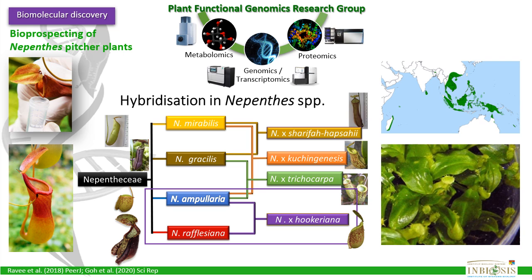Then, for biomolecular discovery, I work on the bioprospecting of Nepenthes pitcher plant for commercially useful enzymes and to understand the molecular effect of plant hybridizations. This is shown here, also the tissue culture of the very nice ornamental Nepenthes. Nepenthes occur mostly in the tropical regions, even in Sri Lanka and also Madagascar, but mainly in the Southeast Asian regions.